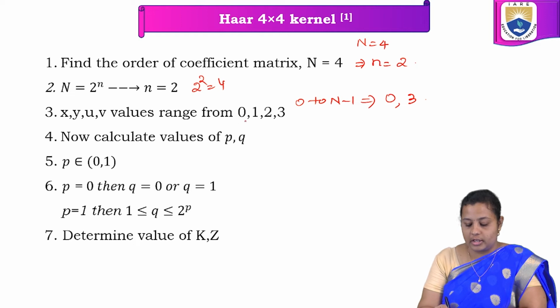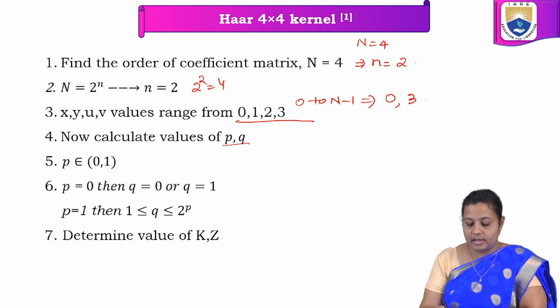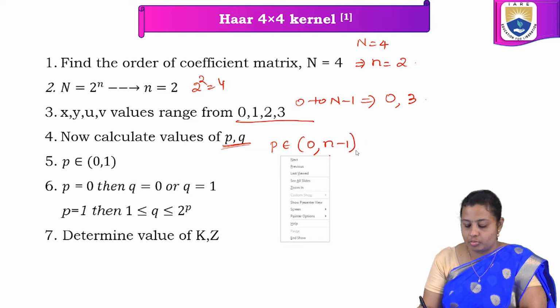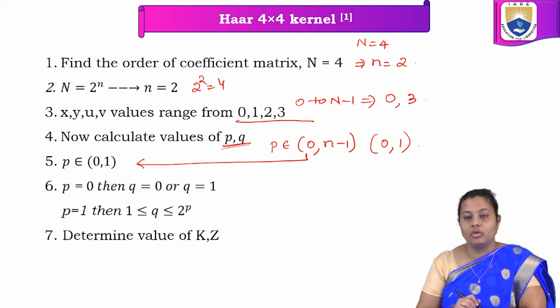So, it can take the values 0, 1, 2, 3. Now, we have to calculate the values p and q. P belongs to the range 0 to small n minus 1. So, small n value is 2. So, p can take the values 0, 1.